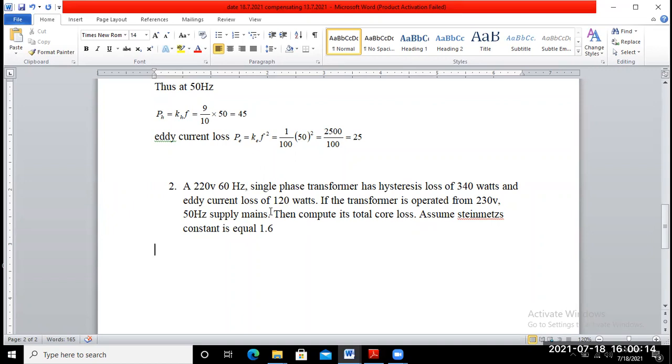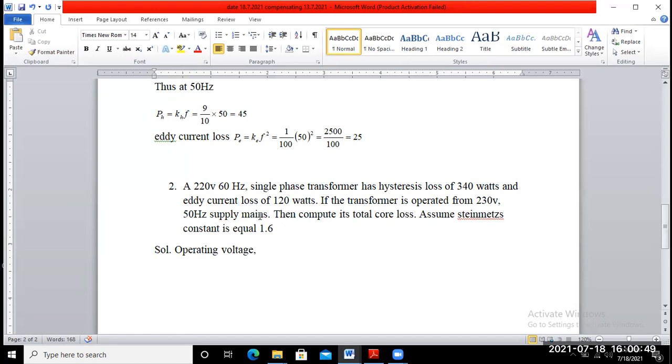The operating voltage we can write in terms of supply voltage or EMF induced: suffix 1 for 220 volt, 60 hertz, and suffix 2 for 230 volt and 50 hertz. Just keep it in your mind.